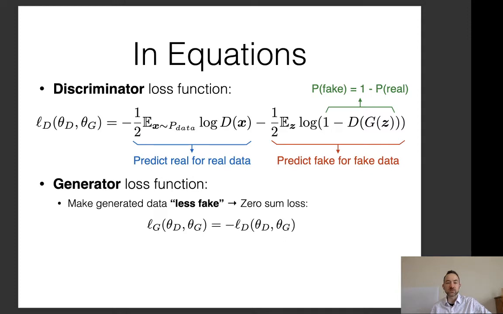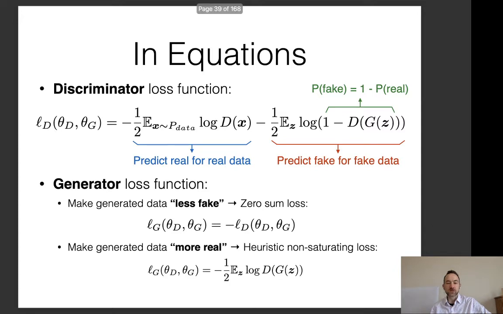So we make the generator loss function the opposite of the discriminator loss function. We just flip it in the opposite direction. This is called a zero-sum loss, because the loss will be zero when you add the two models' losses together. And we could also do something that tries to make the generated data more real.